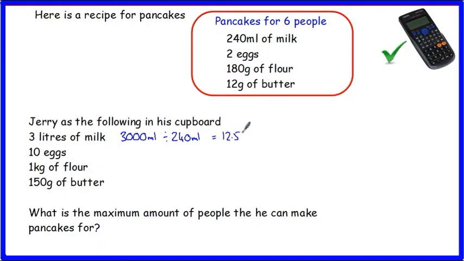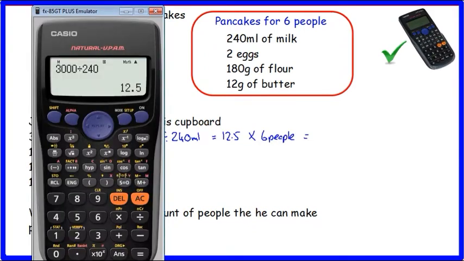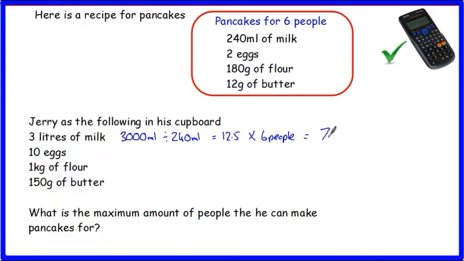Now, every one of these makes for 6 people. So if I multiply that by 6 people, it will tell me how many that can make. So it's 12.5 times 6. With milk alone, I can make for 75 people.